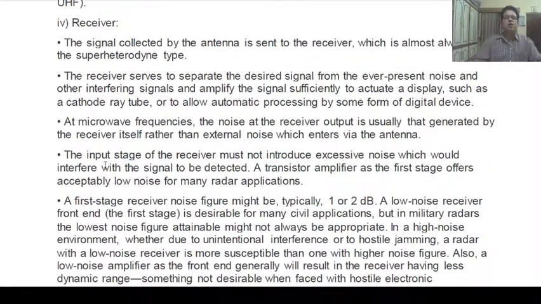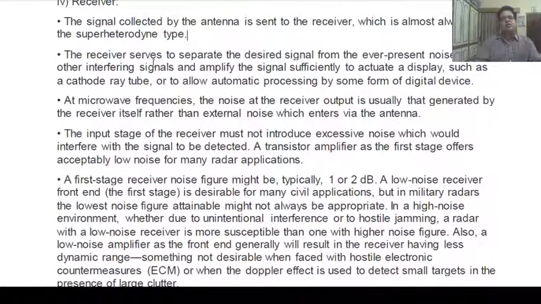Okay. Now fourth, the receiver. What is the role of the receiver? The signal collected by the antenna is sent to the receiver, which is almost always of the superheterodyne type.